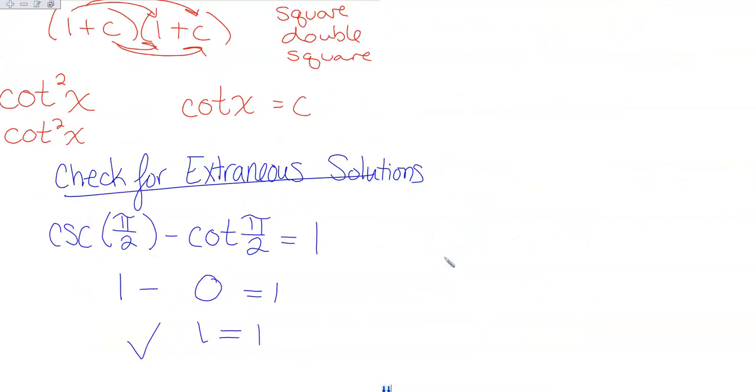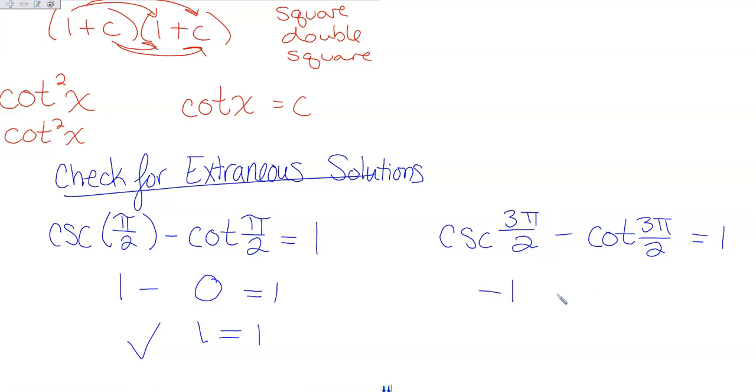Then I want to check my other possible angle measure. I'm going to look at the cosecant of 3 pi over 2 minus the cotangent at 3 pi over 2 and see if that equals 1. Well, I go and I look at my sine value at 3 pi over 2. It is negative 1, so the reciprocal is still negative 1. Okay, know that.